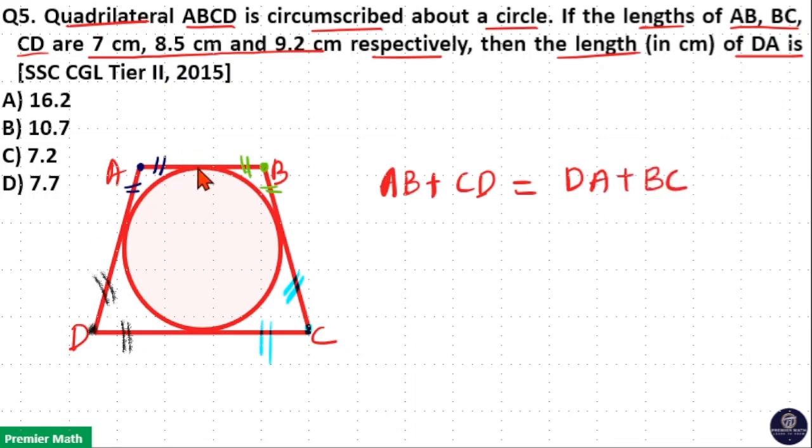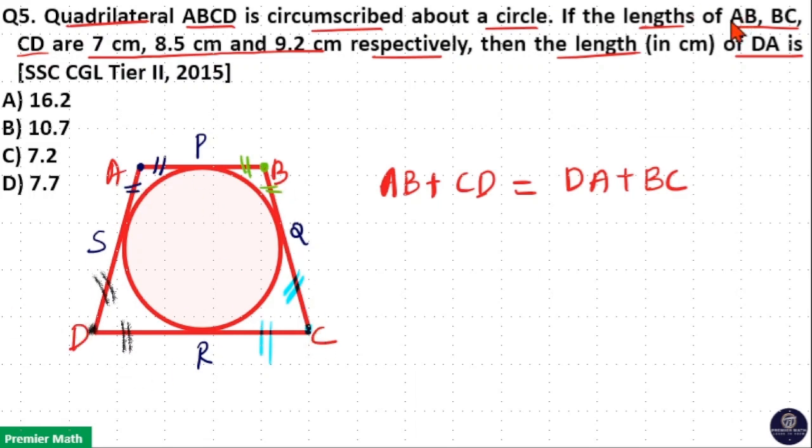Because if you consider the touching points in the circle as P, Q, R and S, now AP equal to AS, same way PB equal to BQ, DS equal to DR and CQ equal to CR. Which means if you add AB and DC together, you are adding AD and BC together.